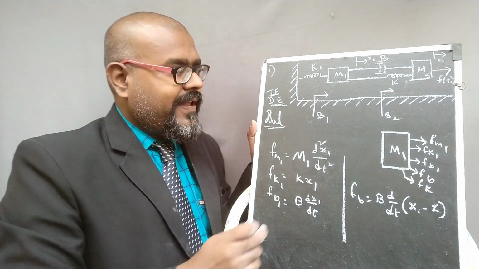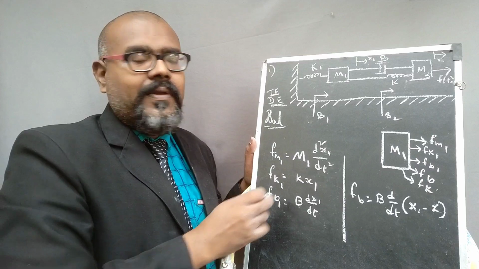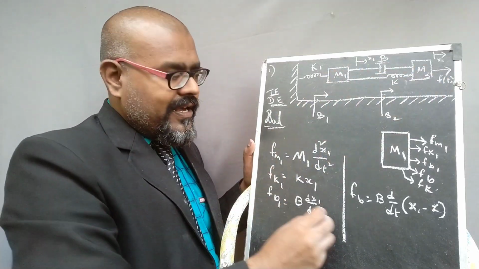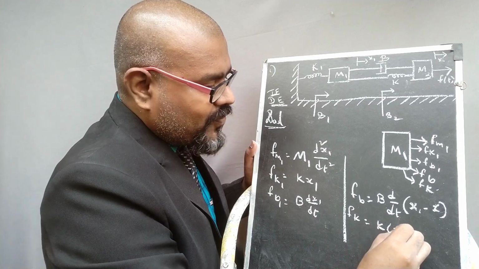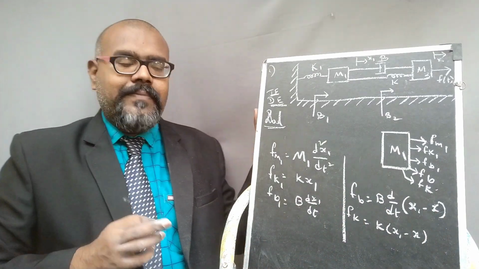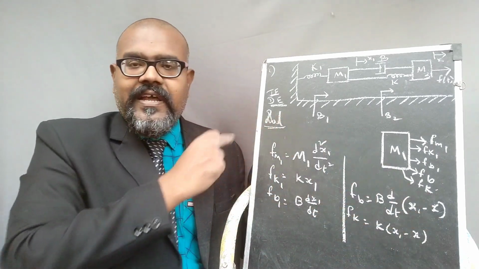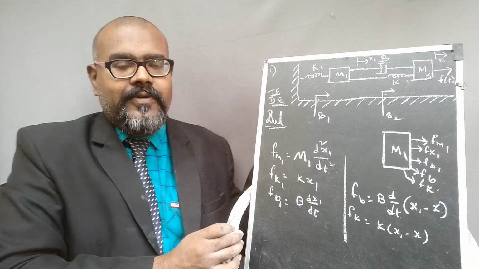Hope you understand. Then the last thing here is K. K has the same problem, it has displacement on both sides. So Fk is equal to K into x1 minus x. Please remember, if you write down the given data like this, it is very comfortable for you to solve the problem.